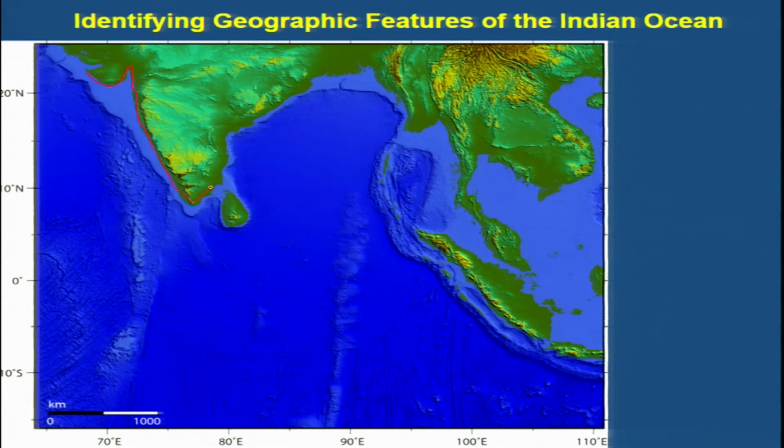I draw the boundary of this landmass. So this will show the continental landmass, and this bluish part shows the oceanic plate. Okay. Suppose here there is the Indian continental landmass, and this is the Indian oceanic plate.